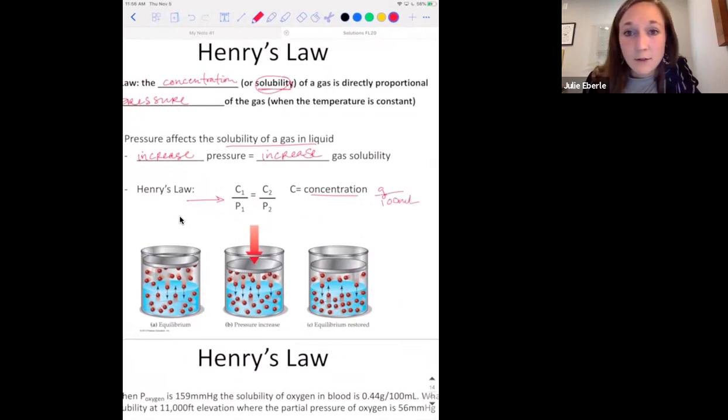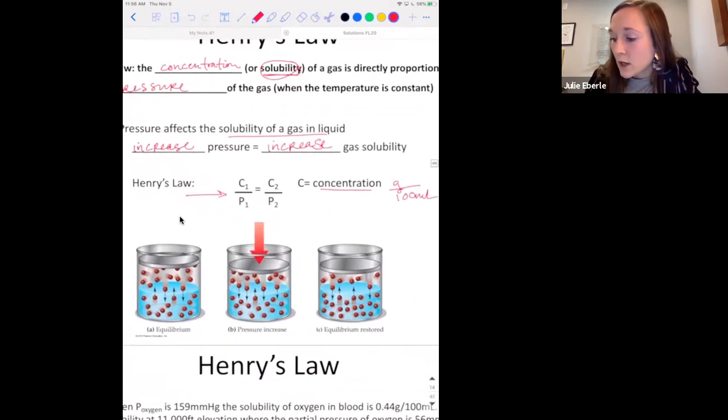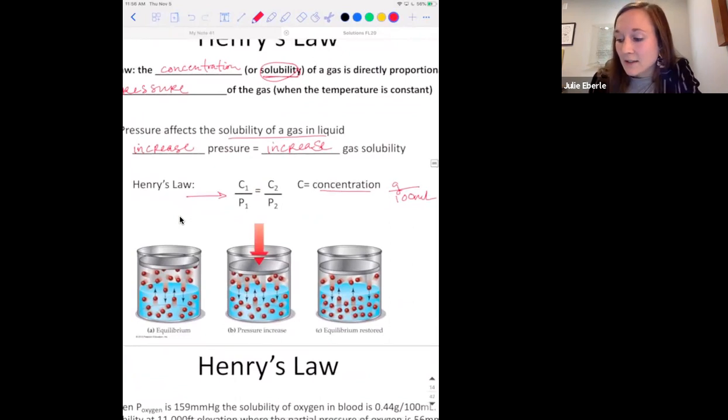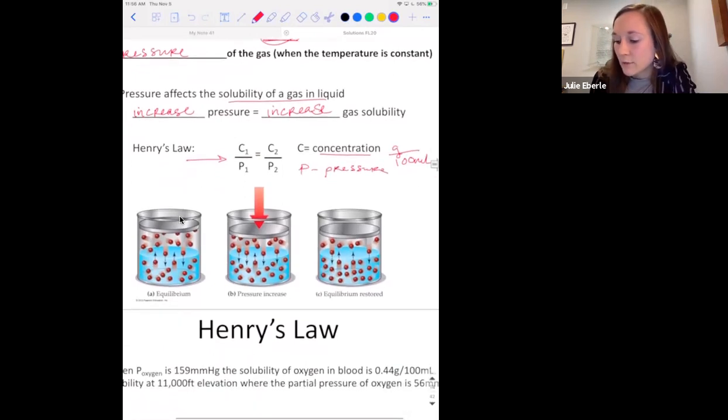Those are the units. So this is going to get a little bit different. We haven't seen something like this before. We're going to work through an example problem. But those are units for the concentration of how much gas is in the liquid. And then P is pressure. So you have C1 over P1 equals C2 over P2.